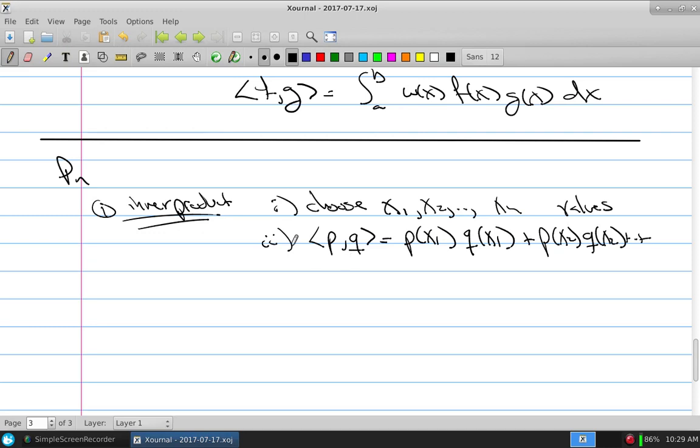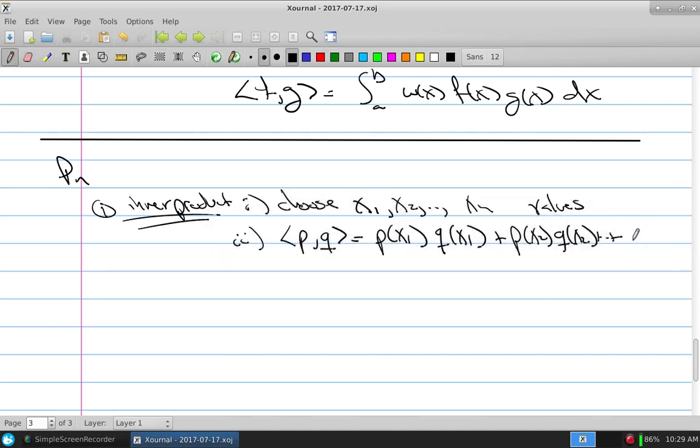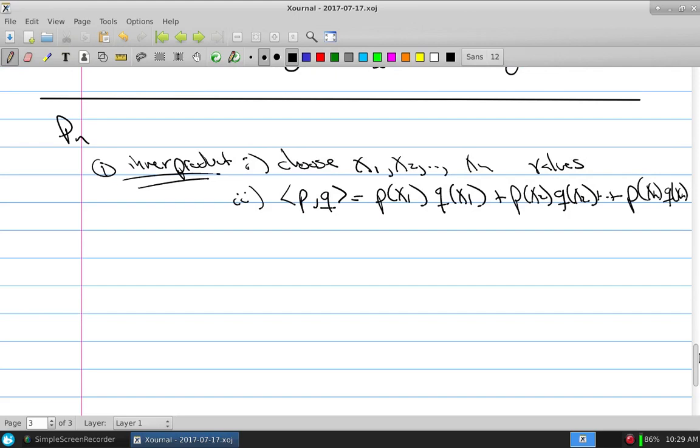We keep adding until we get to the last place that we've sampled, xn, q of xn. So this is exactly the true scalar product. But the numbers that we're picking are: go here, pick that height, that height. Go here, pick that height, that height. So I'm just sampling along this thing, and then I just do this typical scalar product.